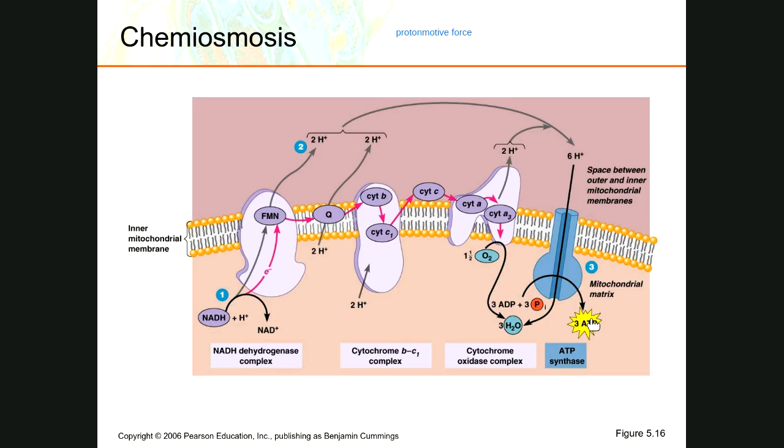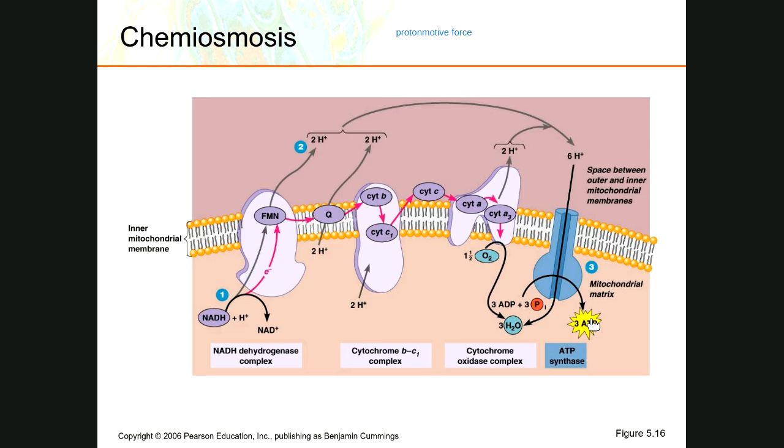Even more amazing, in order to pump the hydrogens, remember that when cells create a concentration gradient, so when they pump substances against their gradient to concentrate them, that requires energy. And so again, here the cell cannot use ATP to pump hydrogens, otherwise there'd be no net gain of ATP.